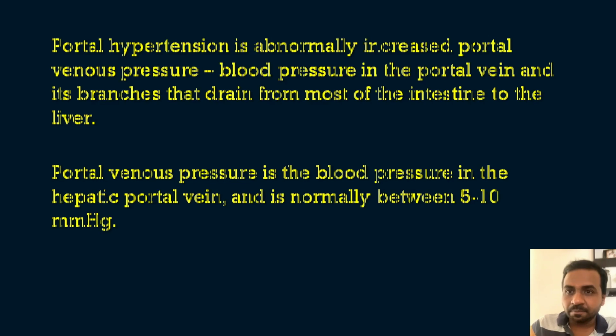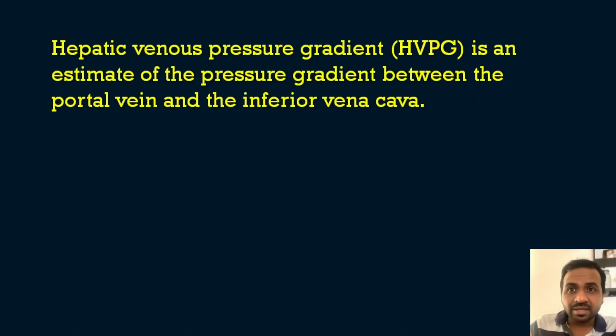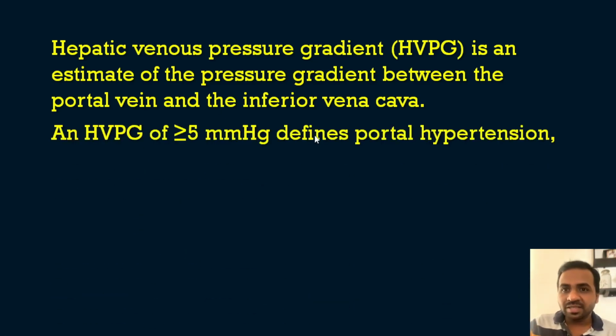Now we will see what the gradient is, that is the hepatic venous pressure gradient or HVPG. It is an estimate of the pressure gradient between the portal vein and the inferior vena cava. An HVPG greater than or equal to 5 millimeter mercury defines portal hypertension.